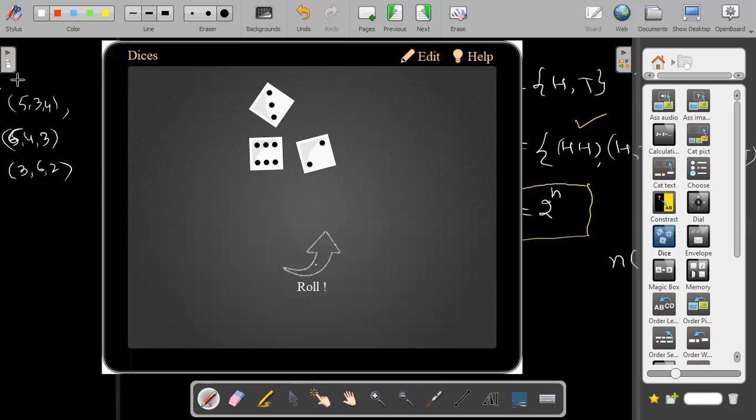Like this, all possible outcomes, if you write them in a set, that is called the sample space. It is denoted by S, and all of it will be written in terms of a set.